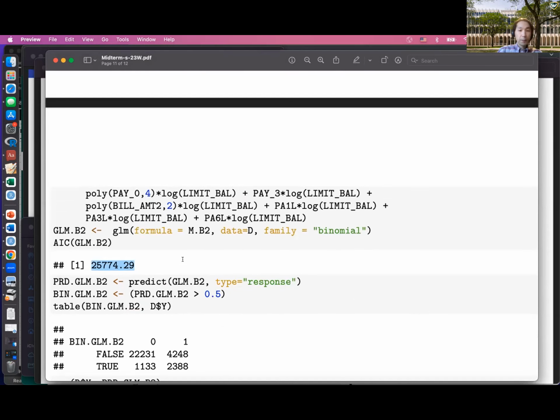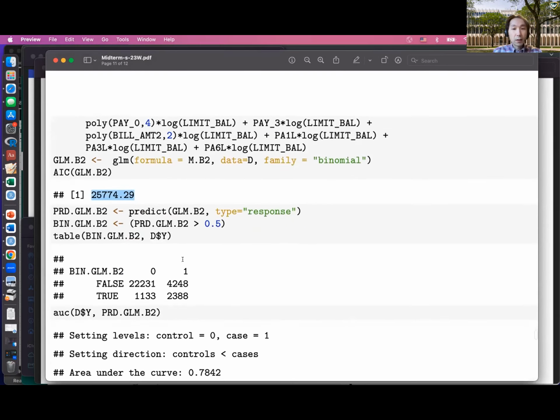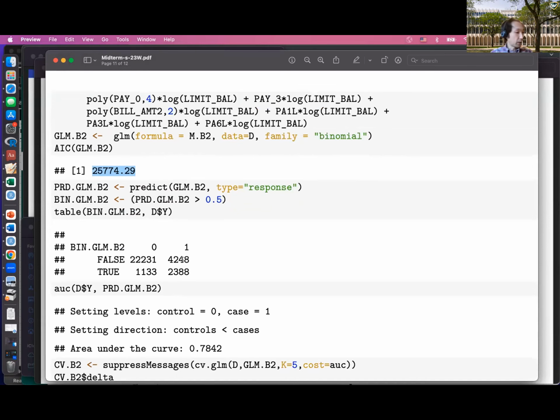So it's pretty small. Overall, you did pretty well. I think last year only a few students could get the correct result for the last question. Either the cross validation was not correct or the model building wasn't correct.